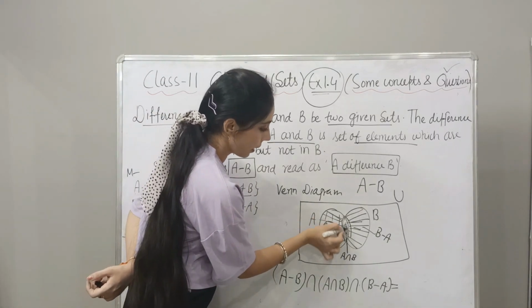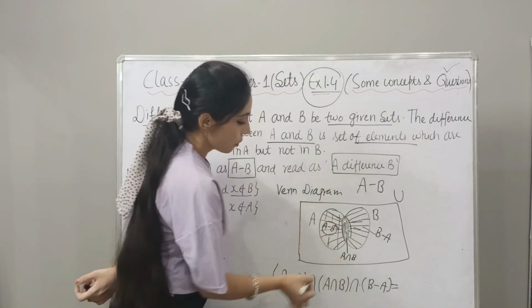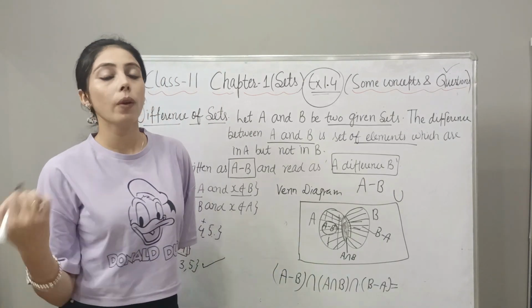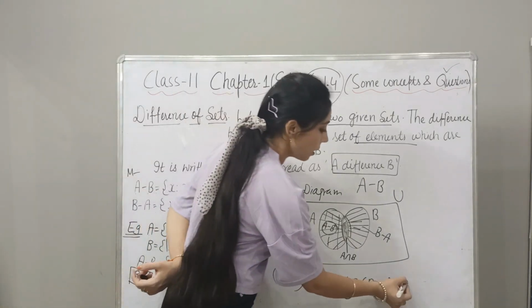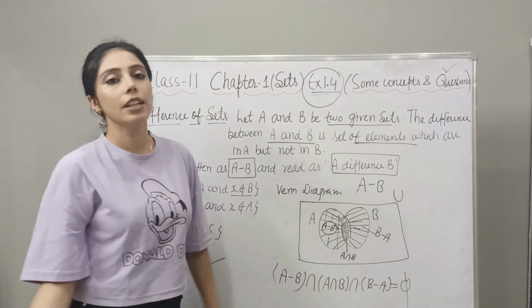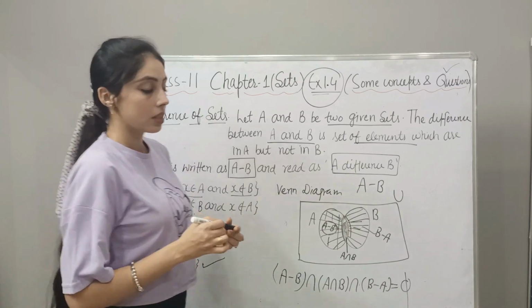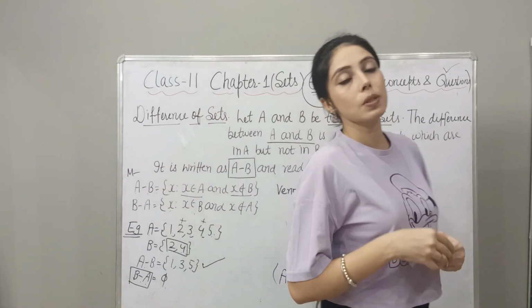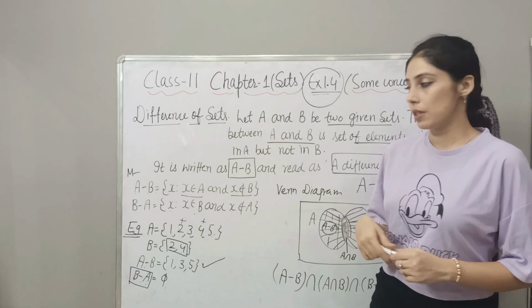Let's denote them like this. There is no element common, so these three are disjoint sets, because disjoint sets are those sets whose intersection is empty.